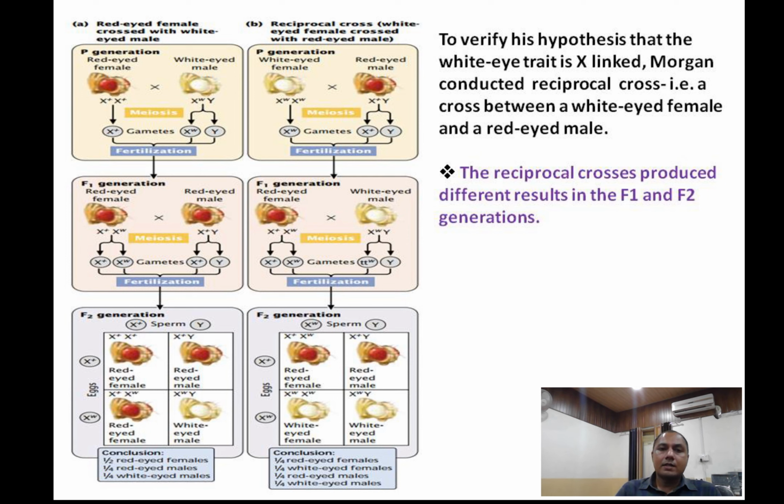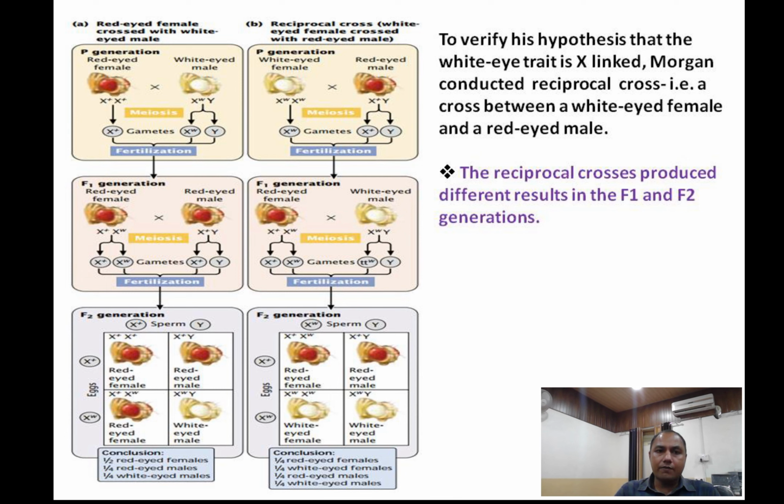That means it is an inheritance pattern in which the male of one generation transmits its character to the females of the next generation, and then females transmit their characters to males and females of the next generation. Here we can see X^W, where W stands for the white-eyed male, then the next generation female, then the next generation male.